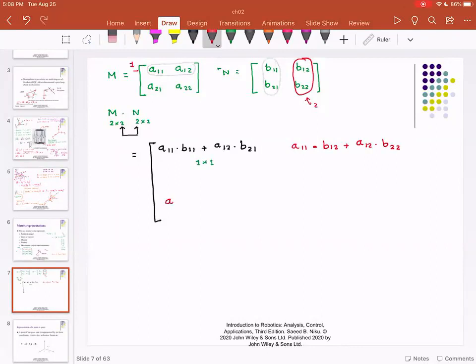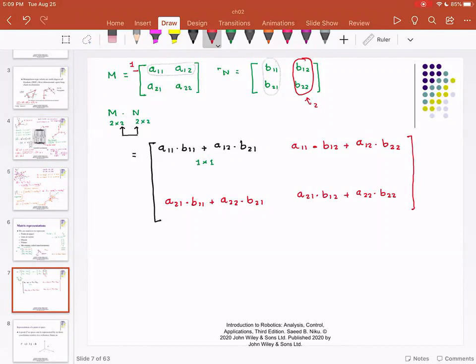This becomes A21 B11 plus A22 B21. And then we are left with the last one, which is A21 B12 plus A22 B22. So this is how a matrix multiplication can be carried out.